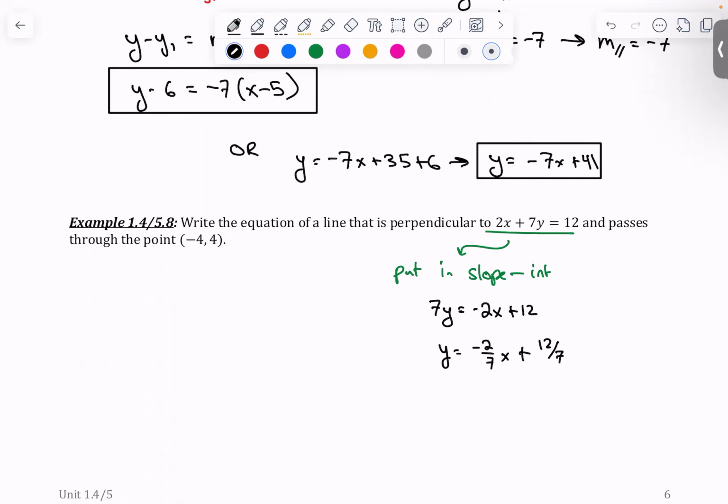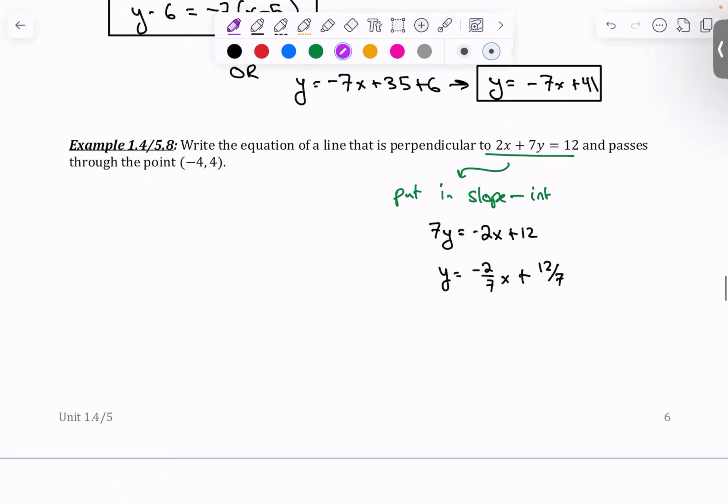From this point, now we have the slope of the given line, but we want a line that's perpendicular to it, so we need to find the opposite reciprocal. This slope is m equals negative 2/7, but that means m sub perpendicular, the perpendicular slope, is equal to positive 7/2.